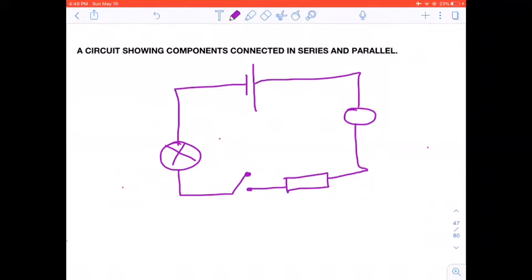Right, that's our ammeter, and across this resistor we have a voltmeter, right?